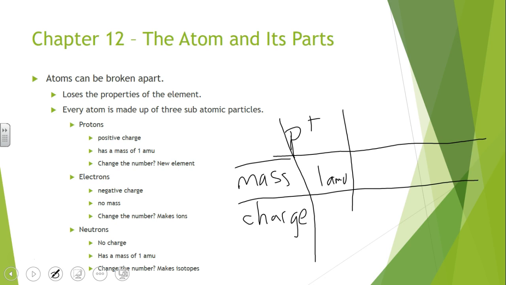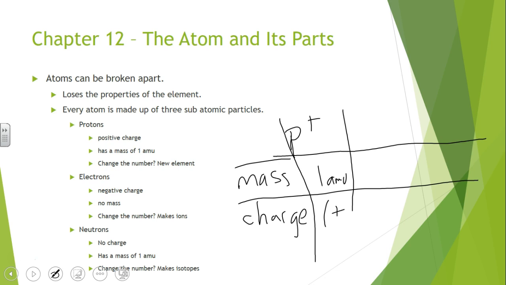They set the mass of a proton equal to 1. So if you have an element that has 1 proton, that proton has a mass of 1 AMU. If you have an element that has 7 protons, that means there are at least 7 AMU in that element. And the charge on a proton is 1+.